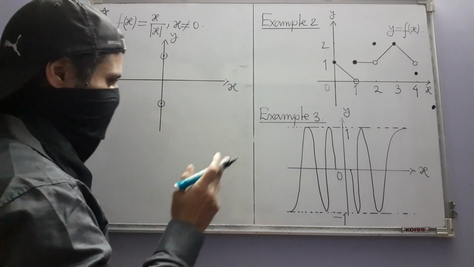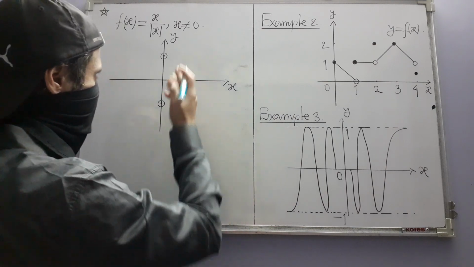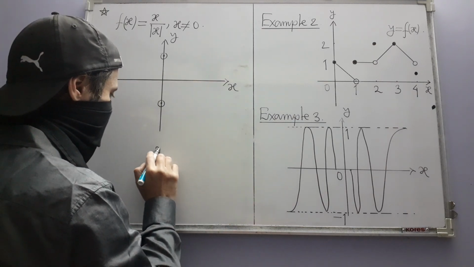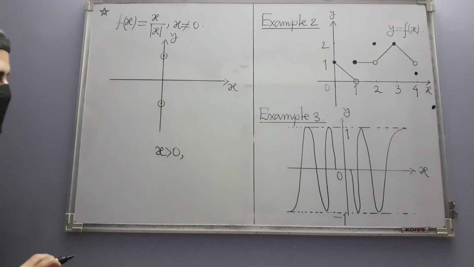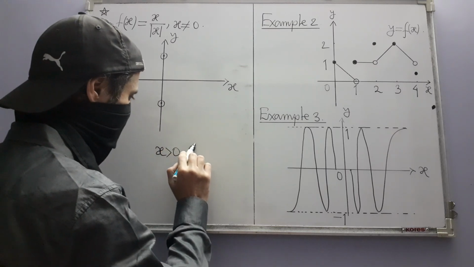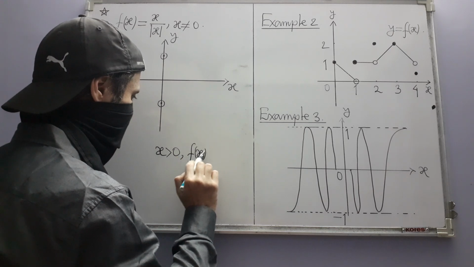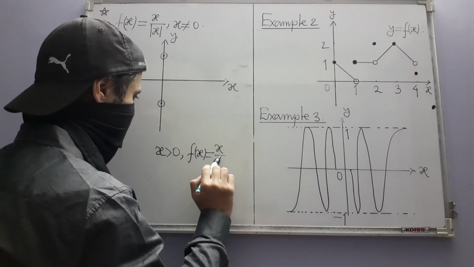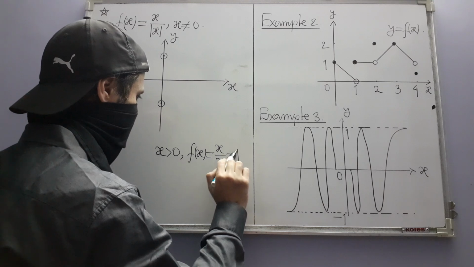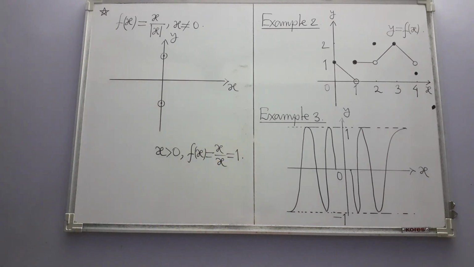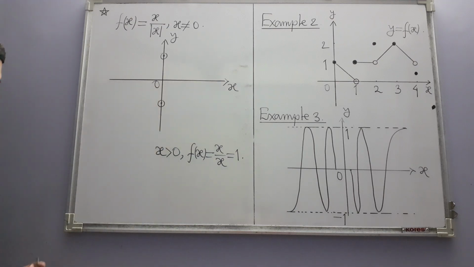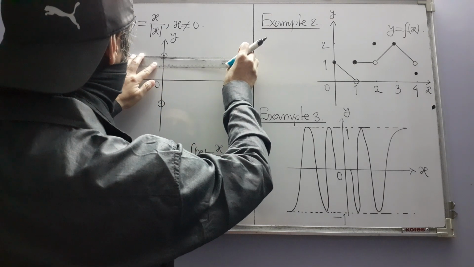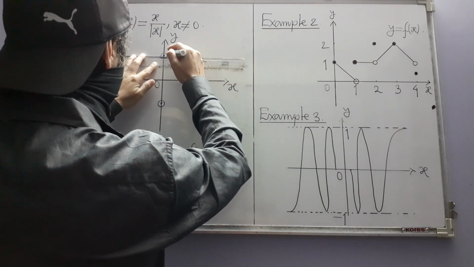Now going back to what we did when we considered this function last time, you remember that when x is positive, then the function has the constant value 1. So to the right of 0, the graph is this horizontal line y equal to 1.